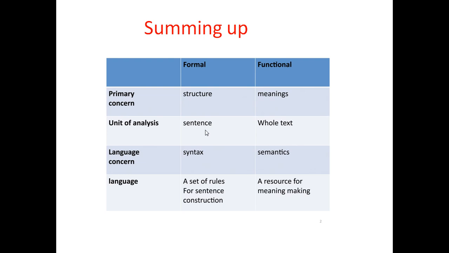Now, the third dimension along which we might want to compare formal and functional grammar is the language concern. What's a language concern? It means the aspect of language that we focus on most, the one that forms the basis of our theory. Now, for formalists, this is obviously syntax, because syntax in turn reflects the primary concern of a formalist, structure.